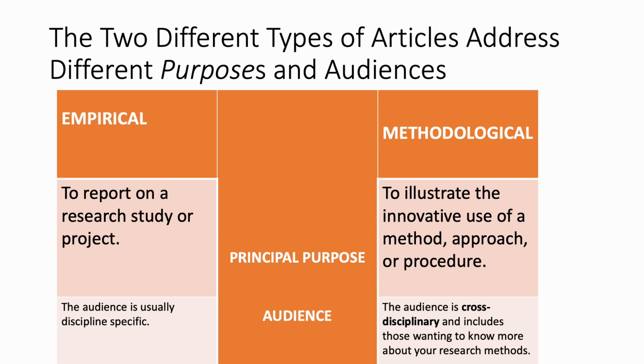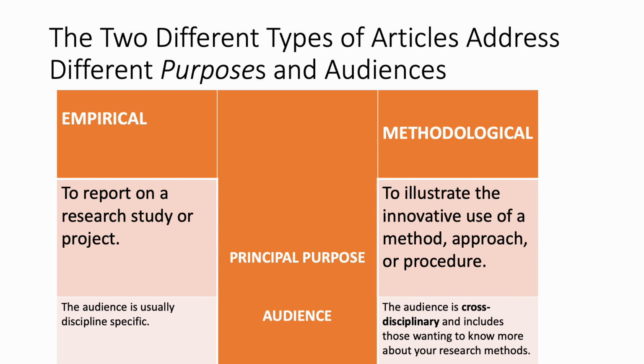The purpose of those is content specific. The purpose of a methodological article is method or tool or procedure focused. It's to explain generally how you or others used a specific method, procedure, or tool.